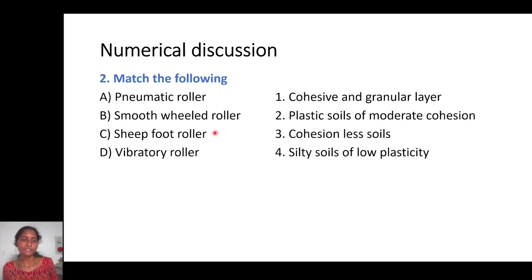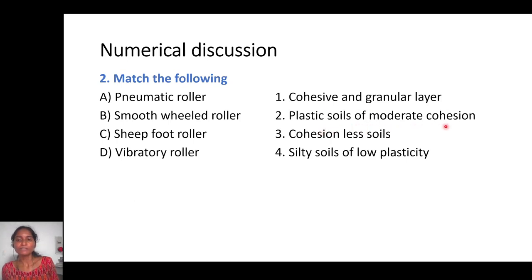let me start with sheep foot roller, because for me that is a little bit easy compared to these two. So sheep foot roller, if you see here, I know that this is used for some cohesive soil. But if you come to the right side, there are options: cohesive and granular layer, option 1.